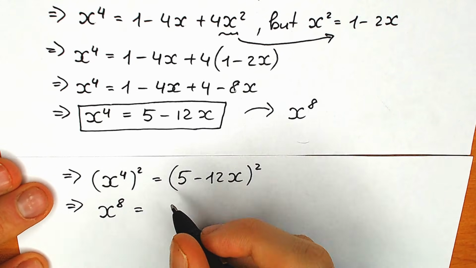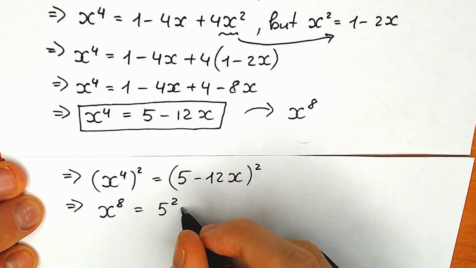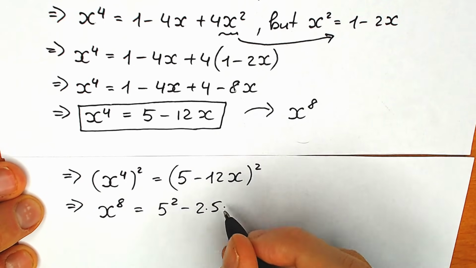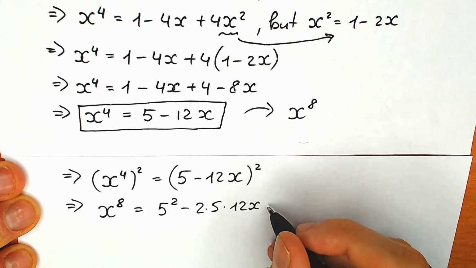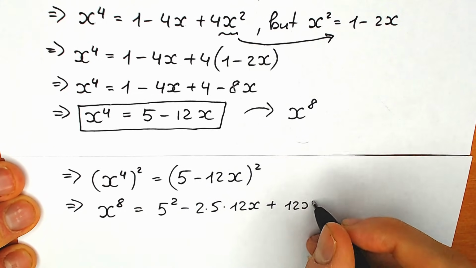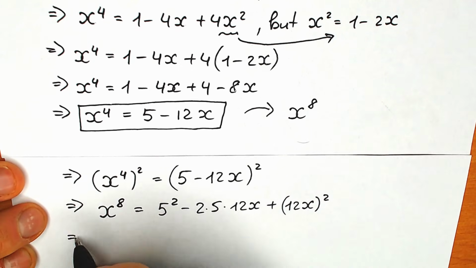On the right side we have a basic school identity. So we have 5 squared minus 2 times 5 times 12x, according to school knowledge, yes, and plus 12x. We raise this to the power 2. Let's simplify it.